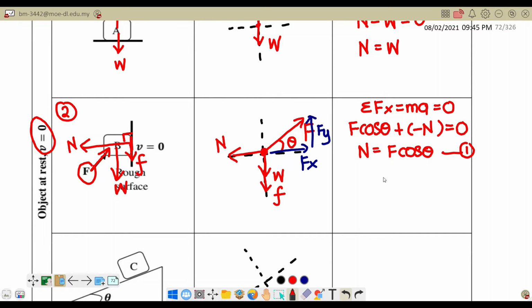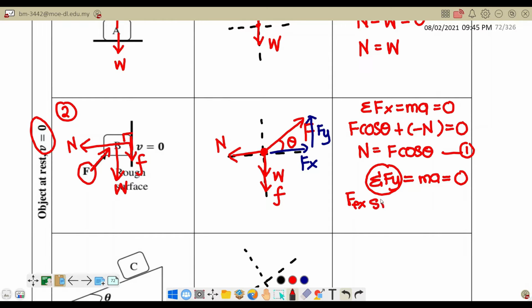The second equation, of course, is for the y component, where the resultant Fy equals ma, and the object is not moving, so it equals 0. For the y component, we have Fy, the weight, and the frictional force. The force acting upward is Fy. This Fy is different from the net force; this Fy is our external force for the y component.